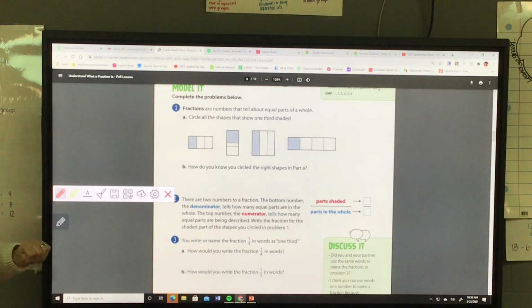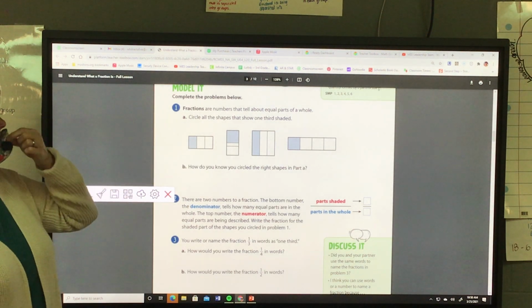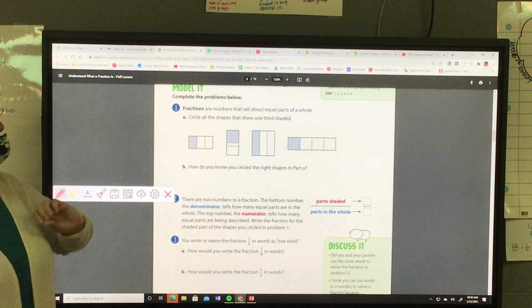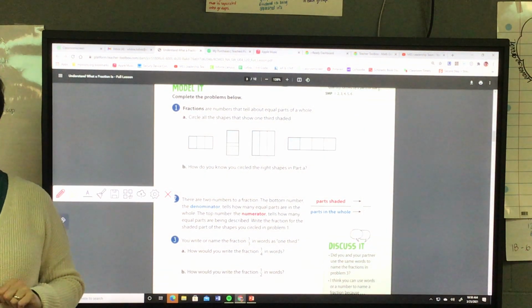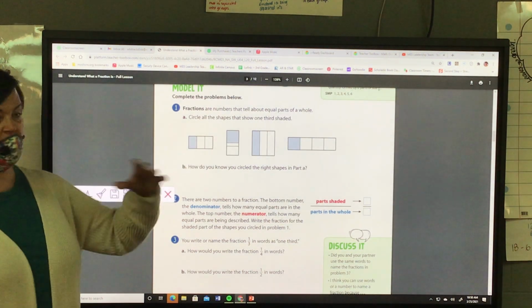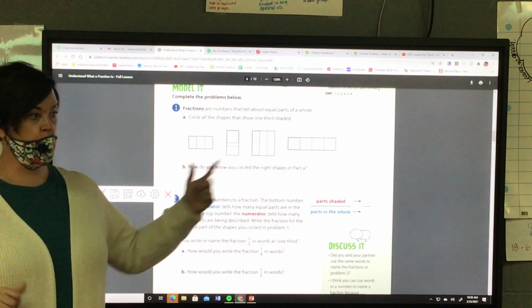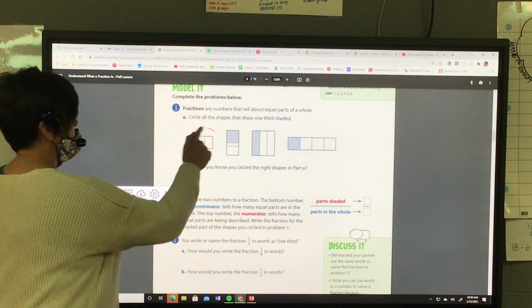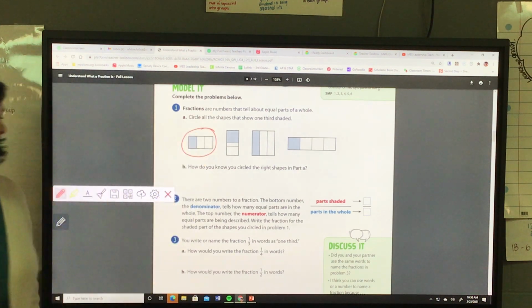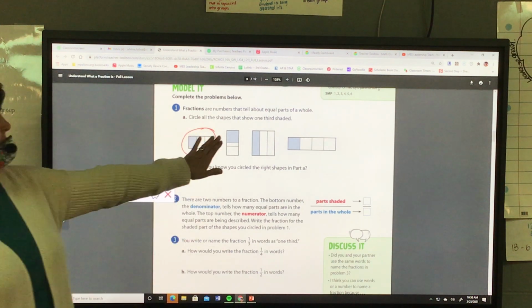Okay, let's take a look. Does this shape show 1/3 shaded? Yes. Are there 3 equal parts in the whole thing? Mm-hmm. And one of them is colored in or shaded in? Yes. So do we need to circle that one? Yes. Okay, look at this one.